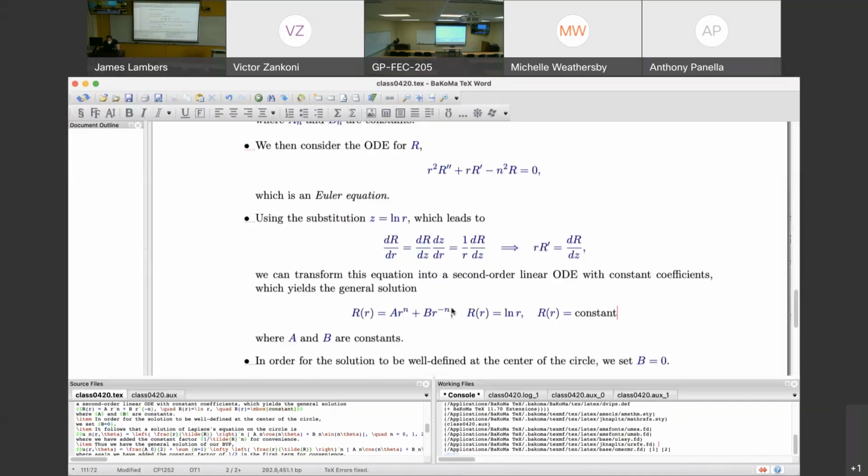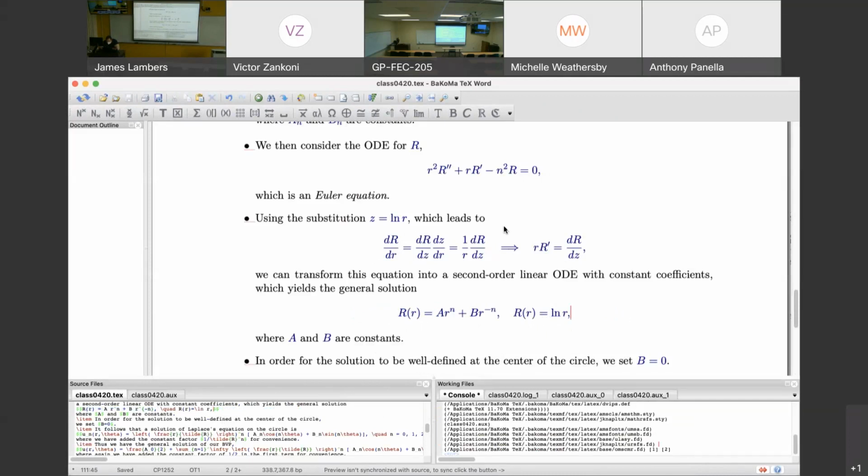Well, actually, if n is 0, then this case is covered, so that's redundant. Let's toss it.